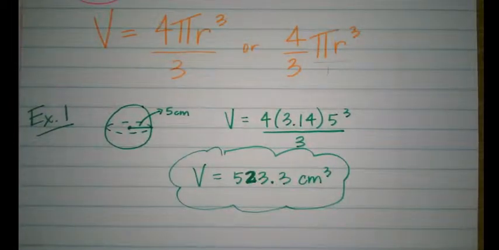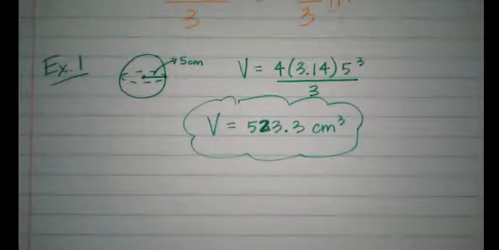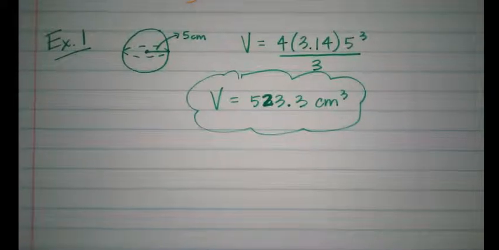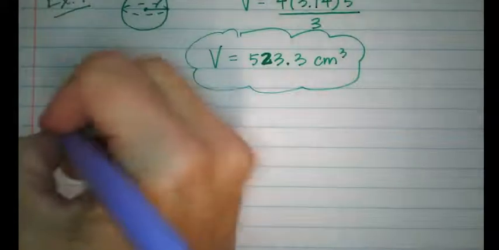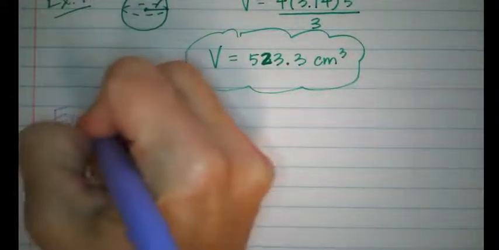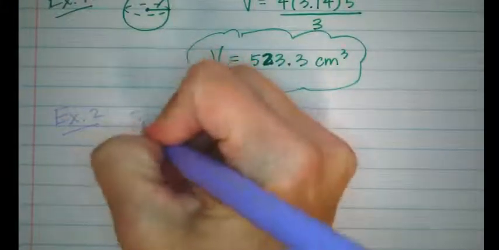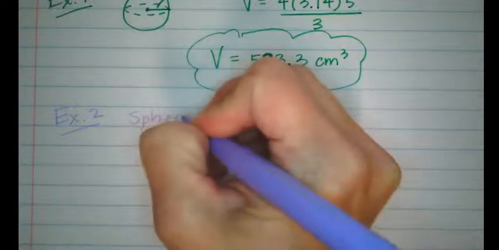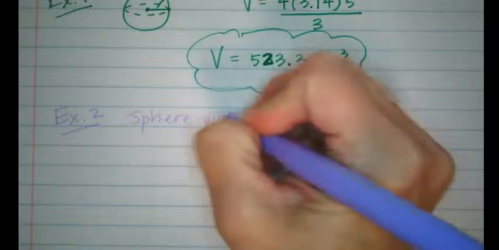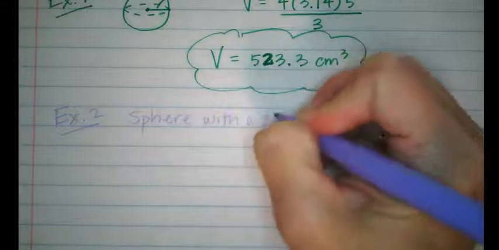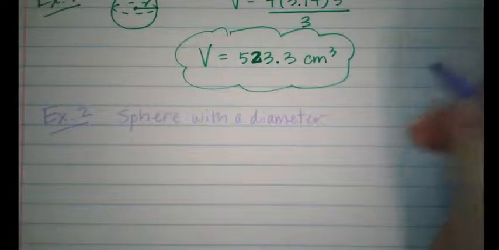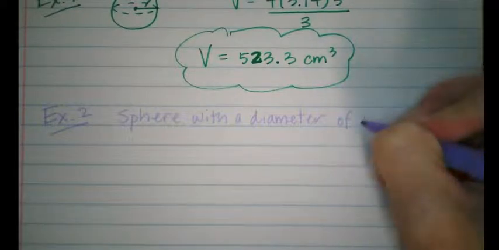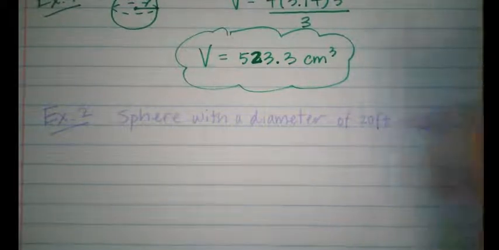All right, so let's try one more. Let's say, I'm going to change colors here. This time I'm going to just write it in words that we have a sphere with a diameter of 20 feet.